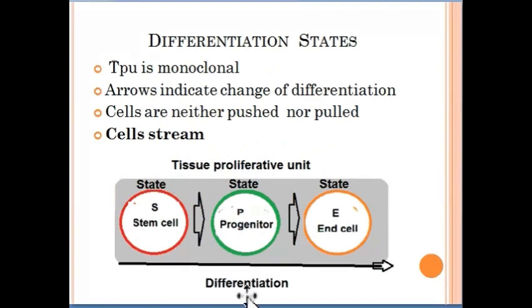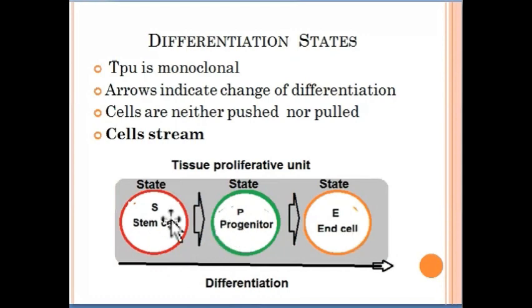So here you have the tissue proliferative unit, and there are 3 major states: stem cell state, progenitor state, and end cell state. Stem cell division is associated with differentiation of the entire unit, and as the cells move, they differentiate in this state.